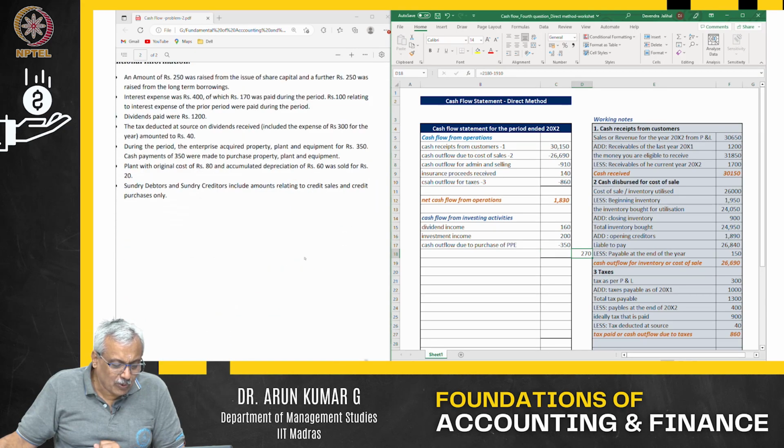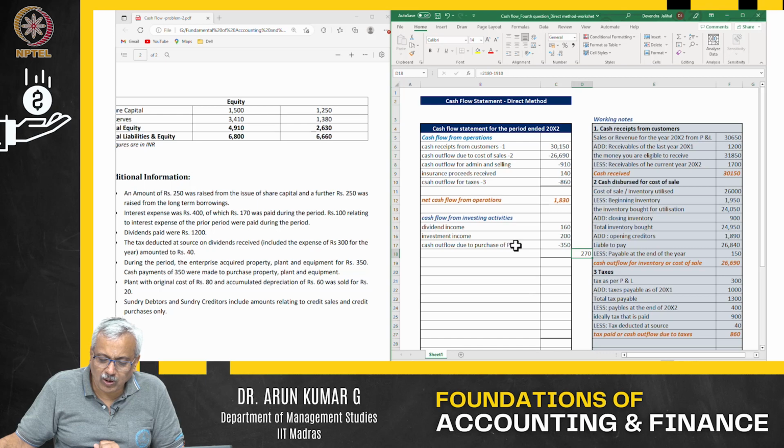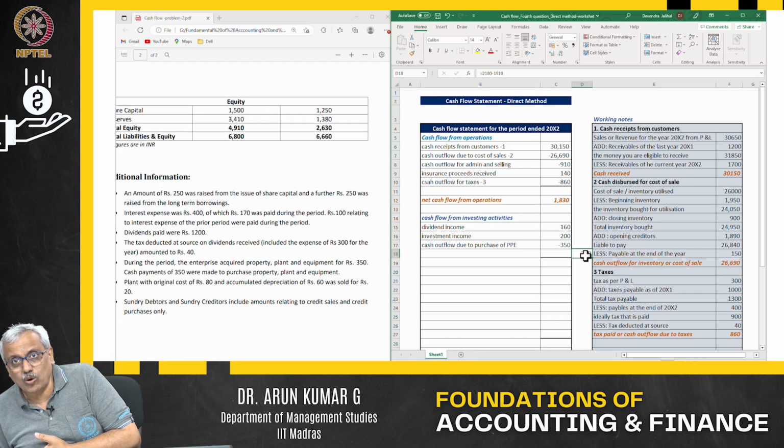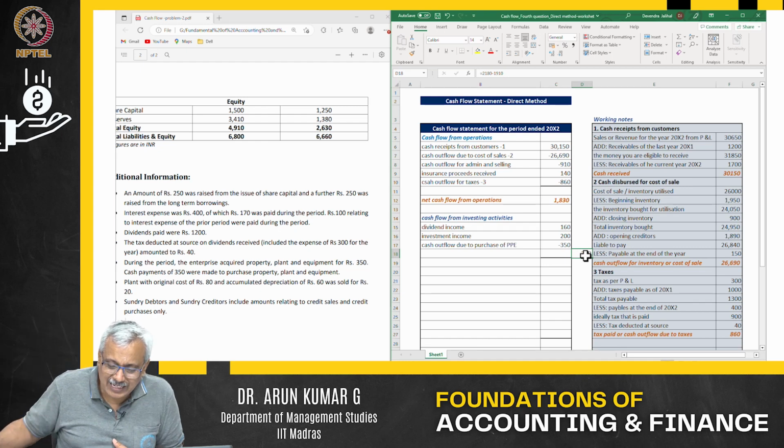I have bought a new plant for $350 and sold an old plant for 80. That means the net purchase is 350 minus 80, exactly 270, and that is the number we have got here.